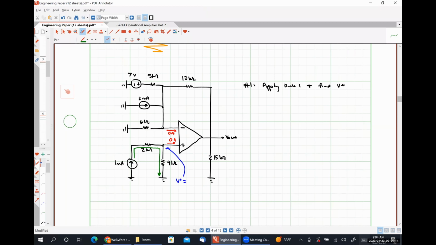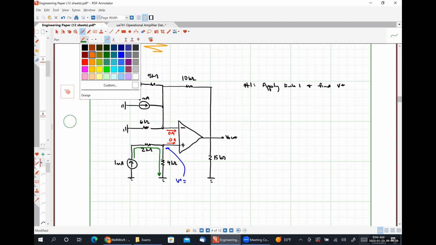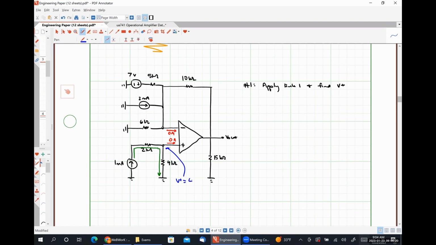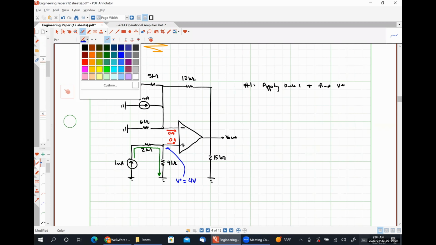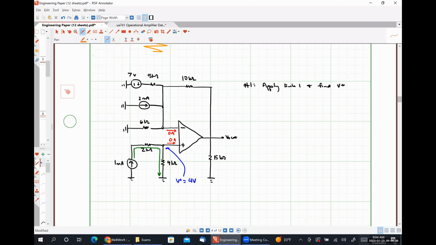Our voltage V plus is a voltage measured with respect to ground, so it's the same thing as the voltage drop across the 4 kilo ohm resistor. So from that, I would argue that V plus must be 4 volts.